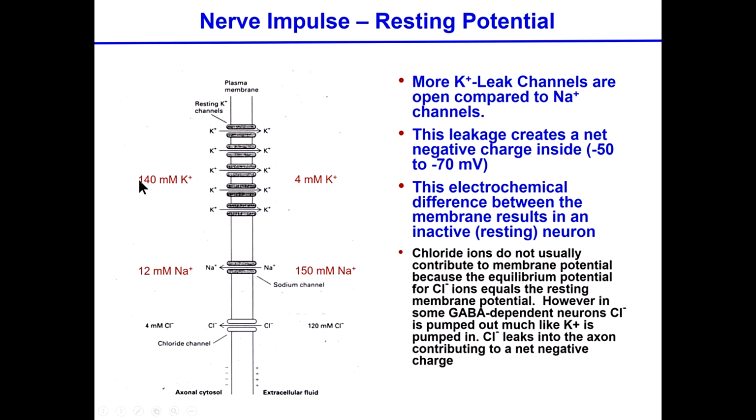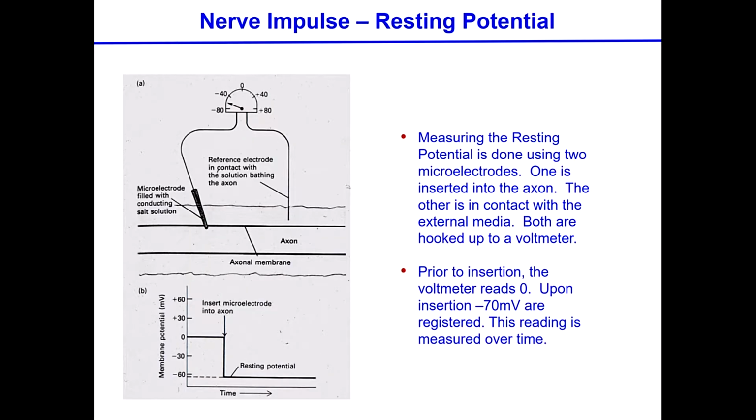Inside, the potassium is 140 millimolar, and typically only 12 millimolar for the sodium. The chlorine ions do not contribute too much to the differential in the polarization of the membrane. But this is important to remember: sodium outside, potassium inside, polarization of the membrane.